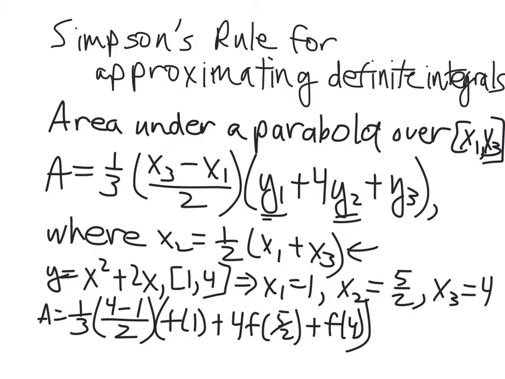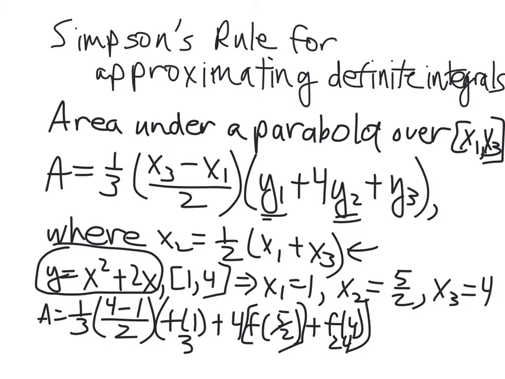So we plug those values into our function, x squared plus 2x. Well, f of 1 will simply be 3. F of 5 halves, well, I'll let you plug that one into your calculator. And then f of 4, 16 plus 8 would be 24.